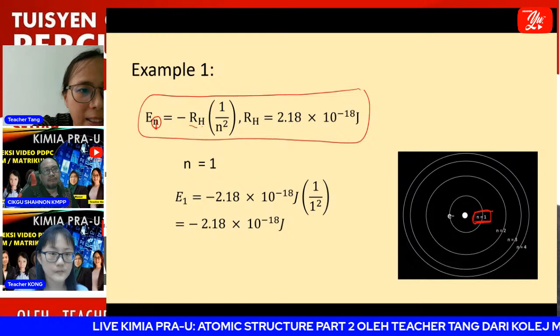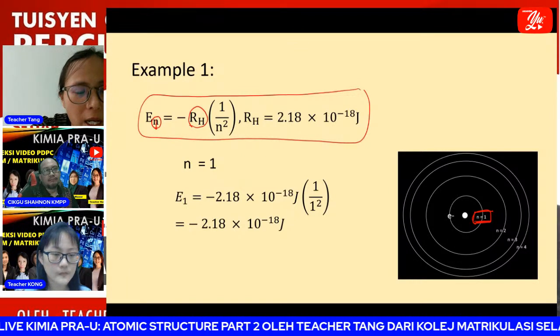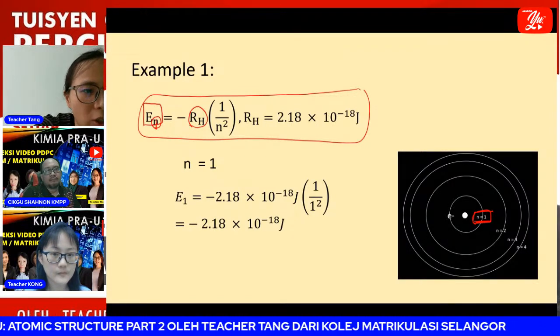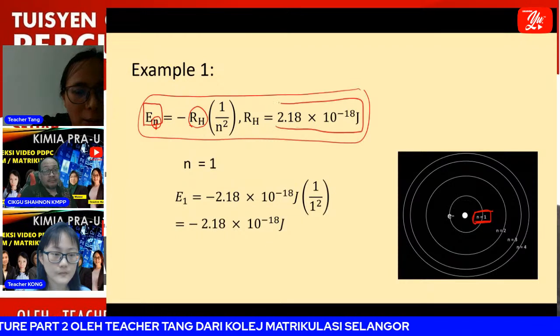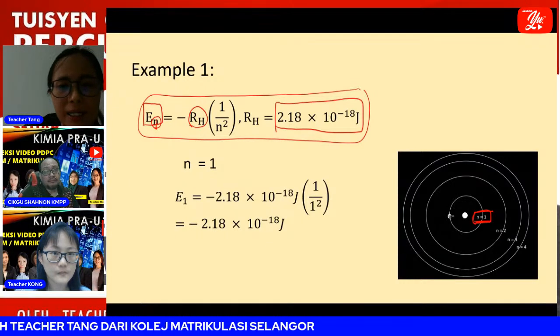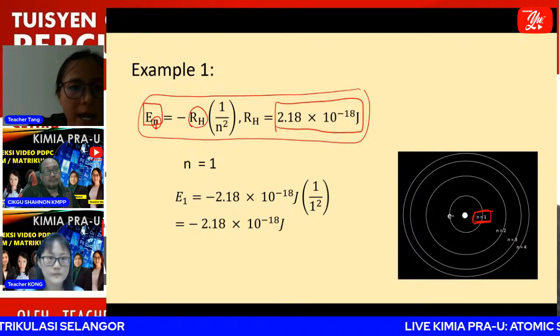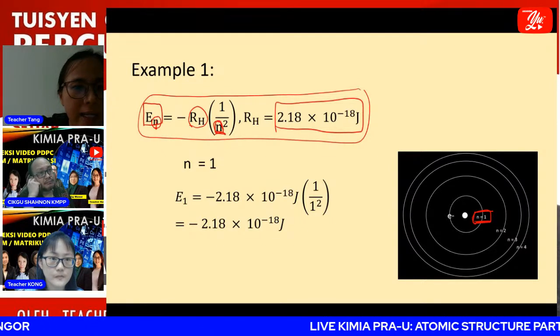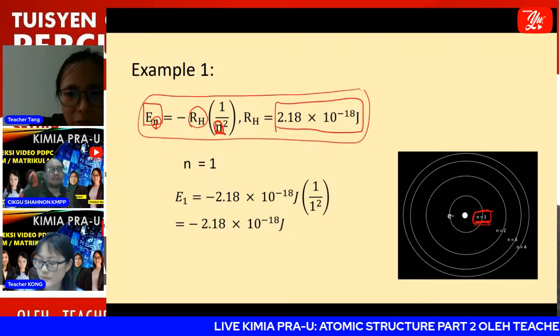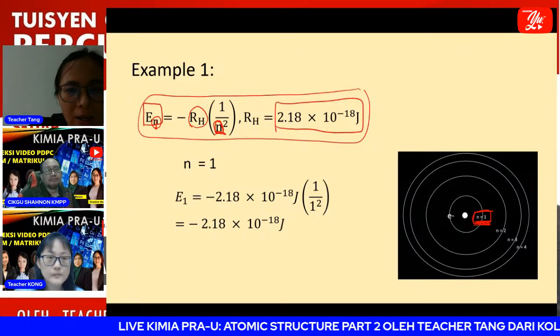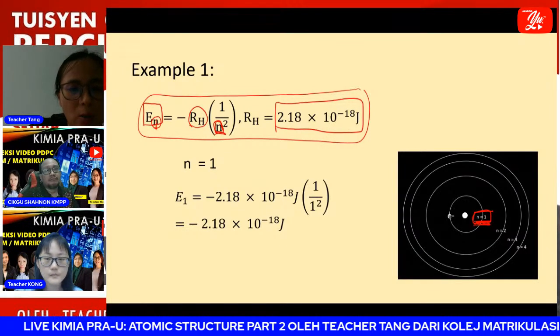RH here is the Rydberg constant. Because this is energy, the Rydberg constant we need to use is 2.18 times 10 to the power of negative 18 joule. The n again refers to the energy level, so at the first orbit, n equals 1.